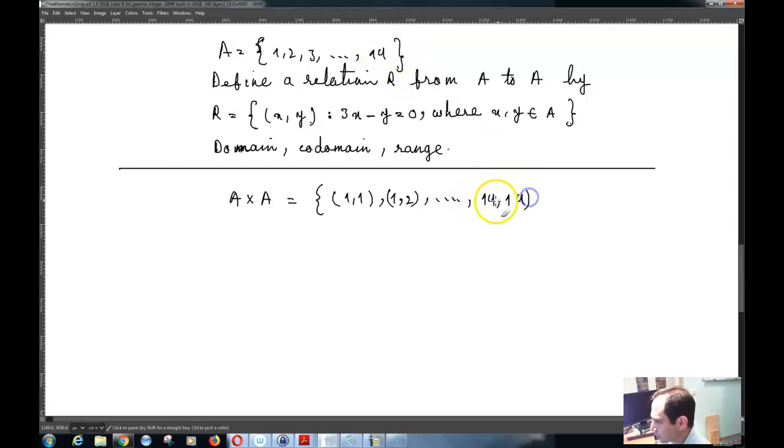The number of terms would be 14 squared pairs. Now if that's the case, then you need to take a subset of A times A.